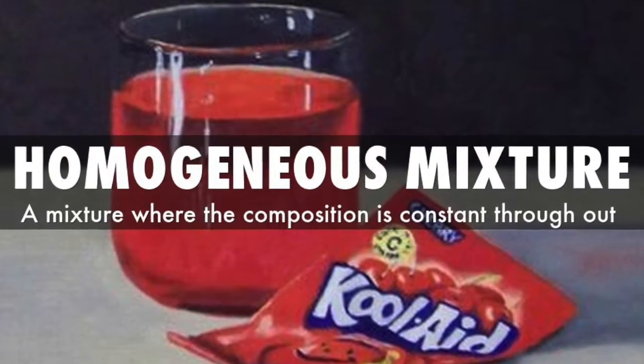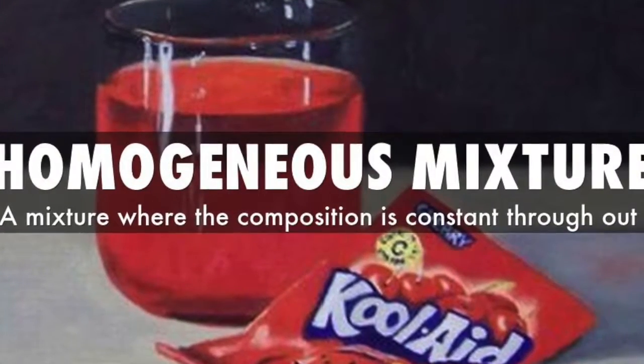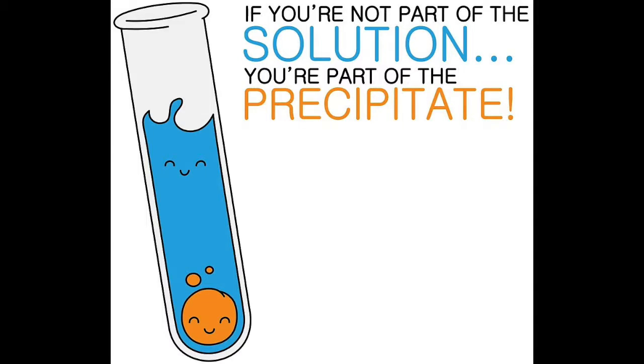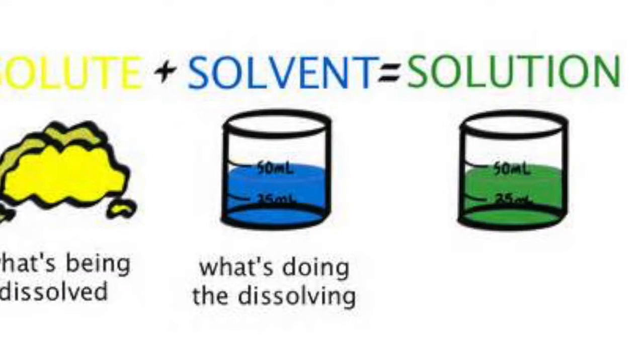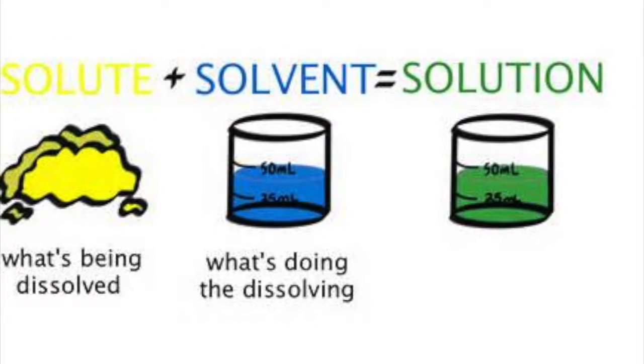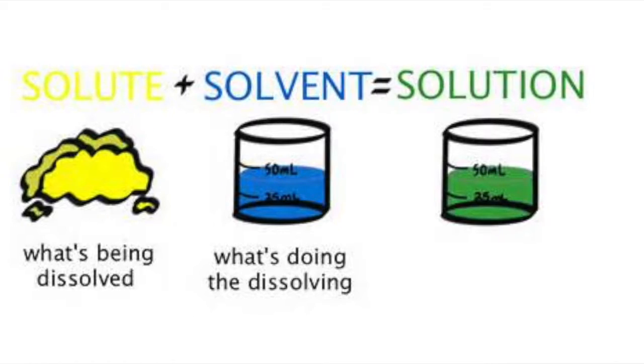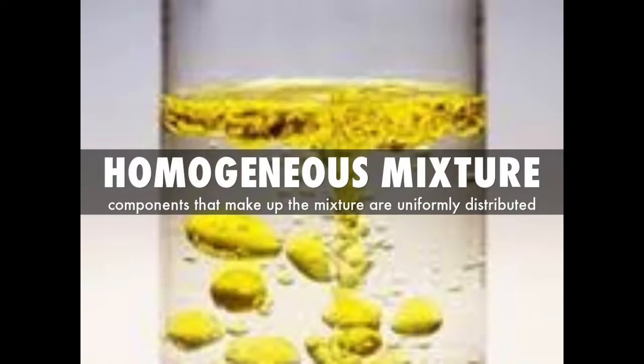So if you let the can or glass of Kool-Aid out in the sun, or if you tried to boil it, eventually the water would evaporate and you would get gross Kool-Aid. But the mixture is used in our world as a beverage for hydration. The sugar and flavor powder is the solute, while the water in this solution is the solvent.